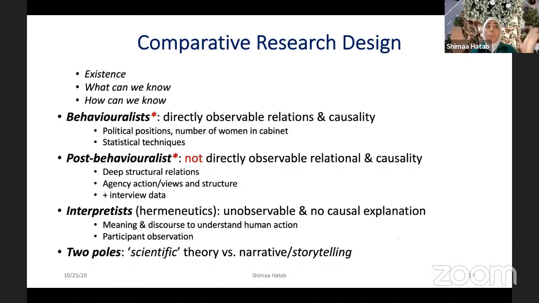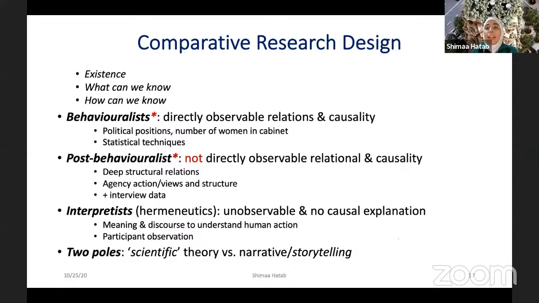You can still come up with law-like generalizations about social and political phenomena, but there is another tradition, and that's why we are going to study culturalism as a school in comparative politics.